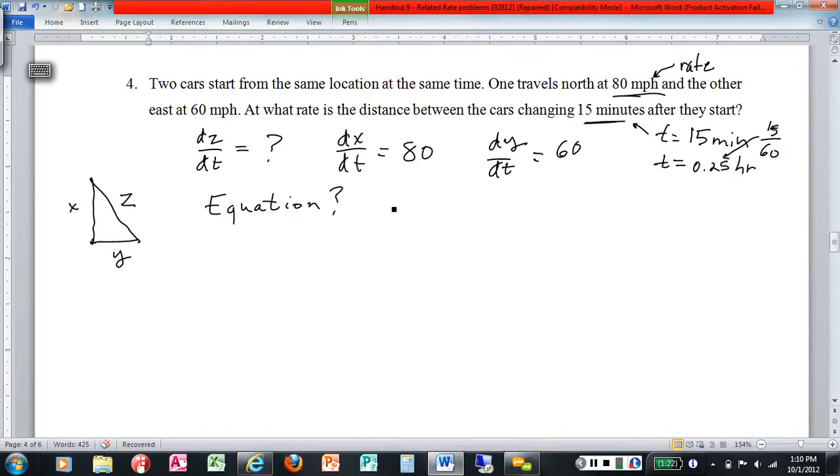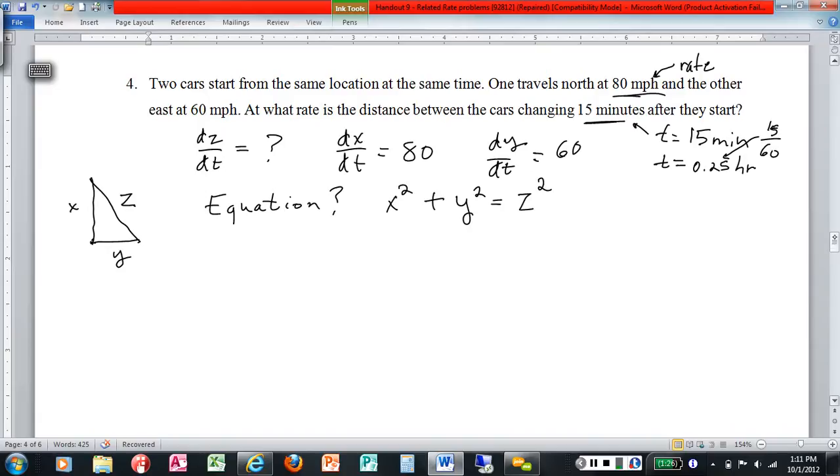So my equation would be x squared plus y squared equals z squared. Pythagorean Theorem. Yes, we are going to utilize the Pythagorean Theorem a little bit on our related rate problems. Here's one example. Okay? All right. So we got our equation. What's next?